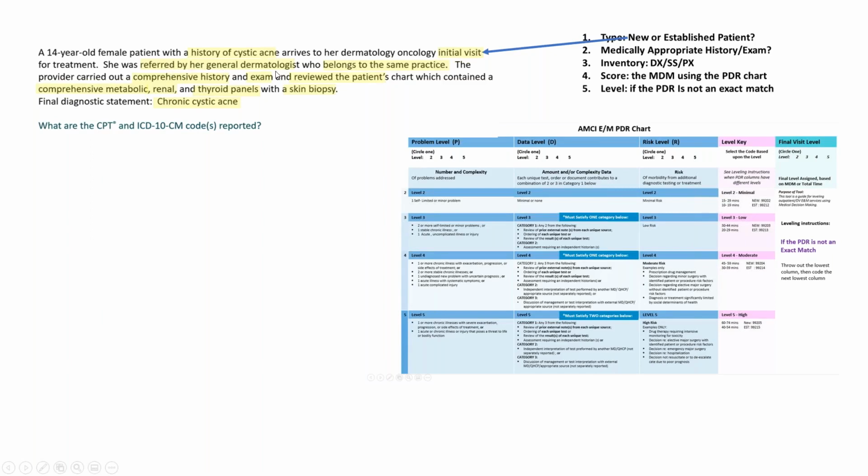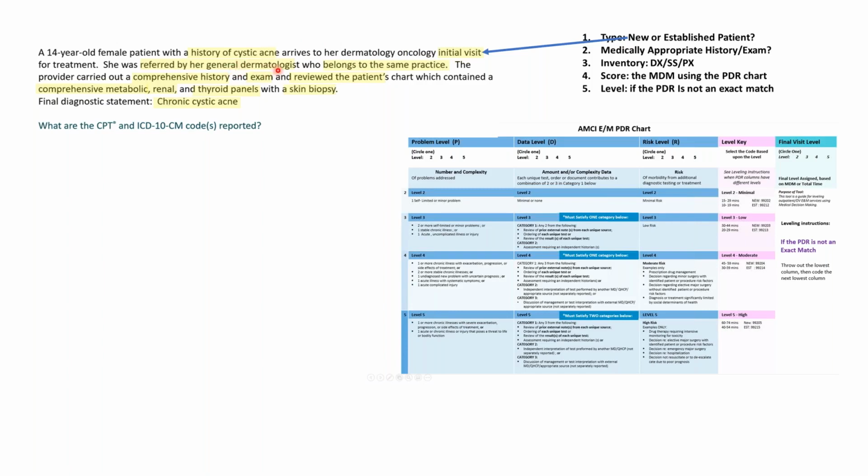It's new because they said it's an initial visit. However, she was referred by her general dermatologist who belongs to the same practice. It does say that the provider has a different specialty. Dermatology oncology was referred by a general dermatologist.